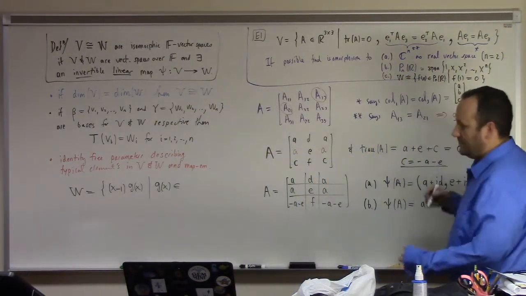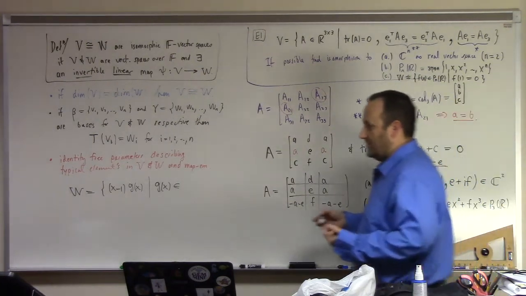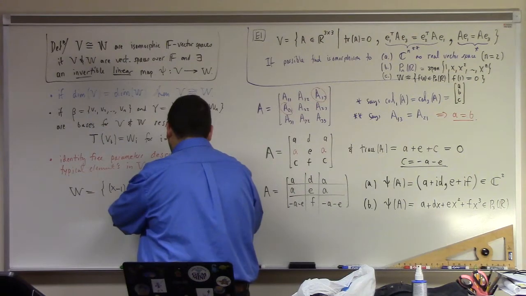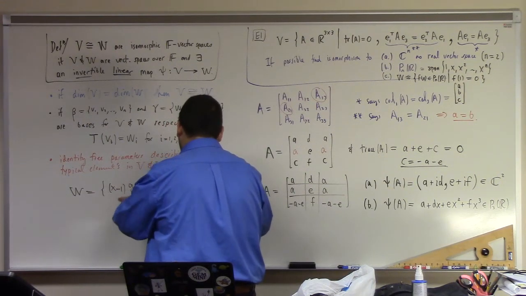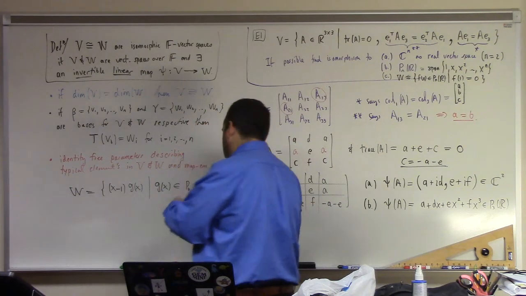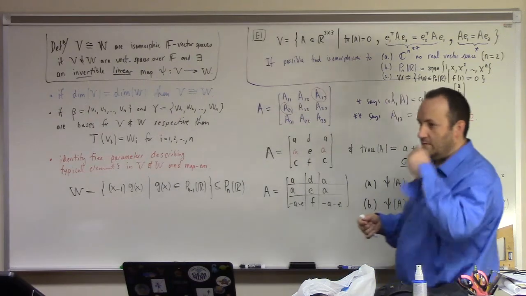Yeah, Pn. But if this is a subset of Pn, then g of x has to be in Pn minus 1, right? Because otherwise the product wouldn't be. If I want this to be a subset of nth order, that means the factor has to be n minus 1th order, right?